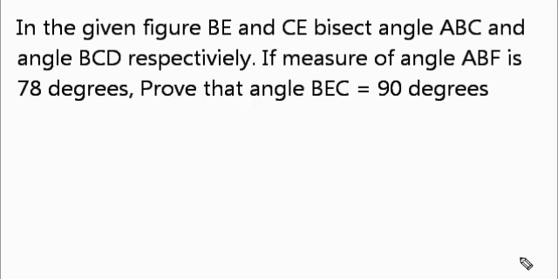Let's do the next one. In the given figure, BE and CE bisect angle ABC and angle BCD respectively. If the measure of angle ABC is 78 degrees, prove that the measure of angle BEC is 90 degrees.